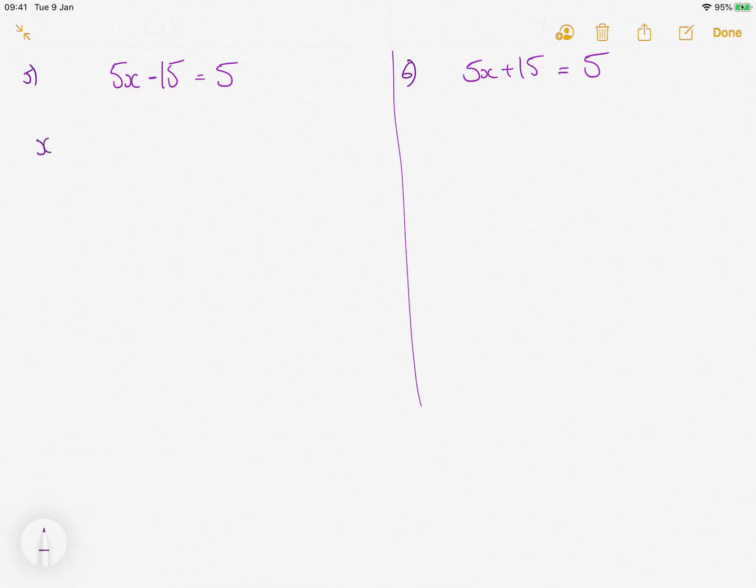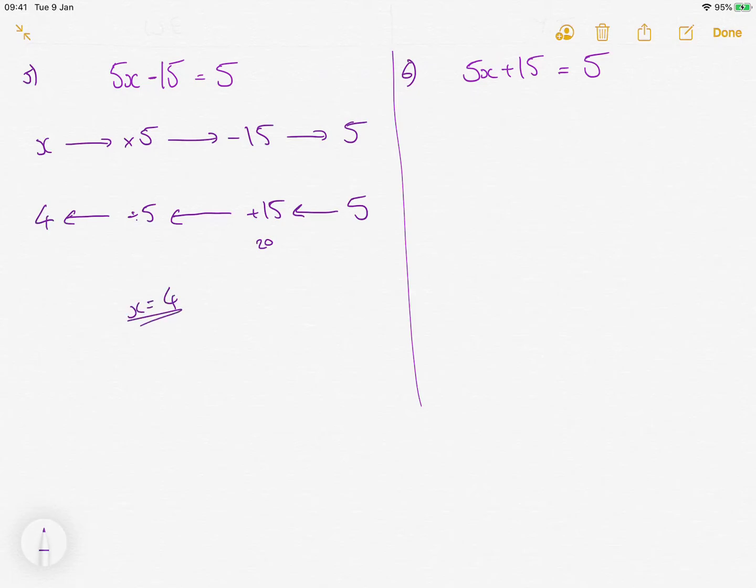So we start out with x, multiplying by 5, taking away 15, and that gets us to 5. So 5 add 15 gets us to 20. 20 divided by 5 gets us to 4. So x is equal to 4.